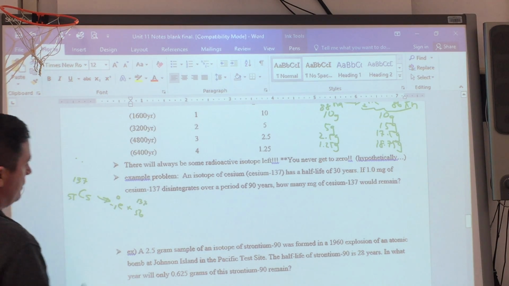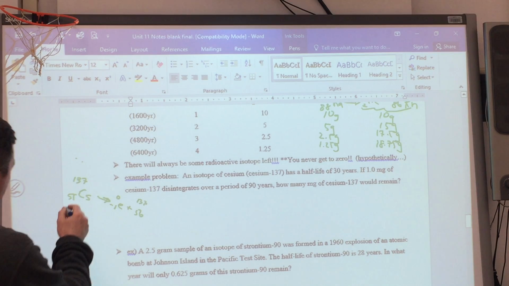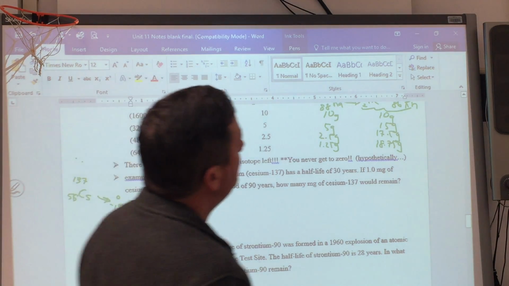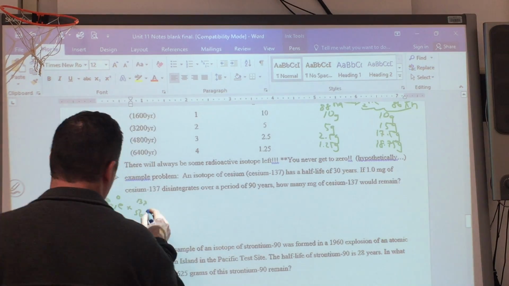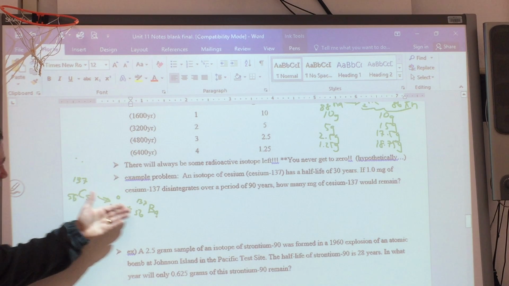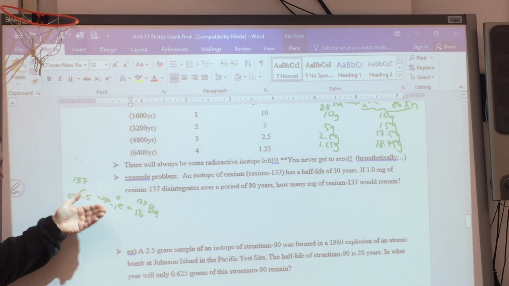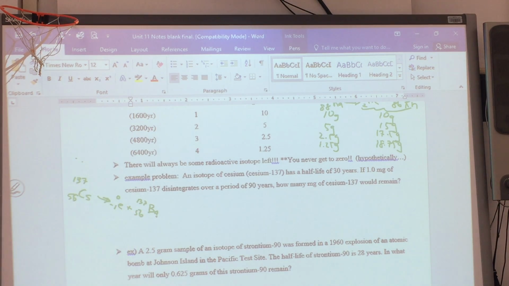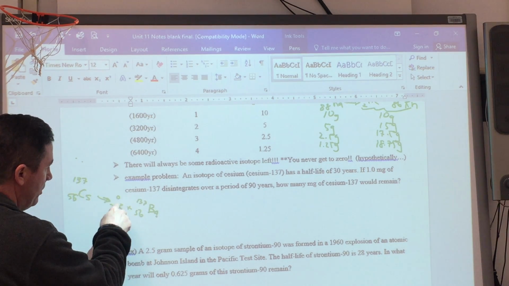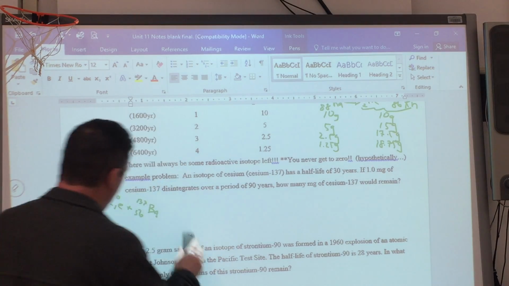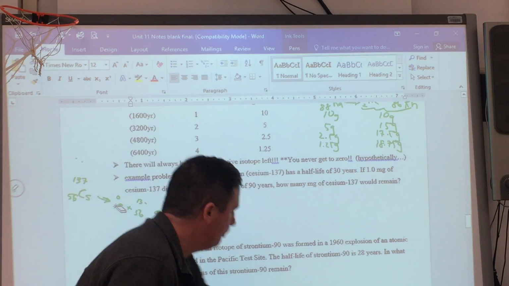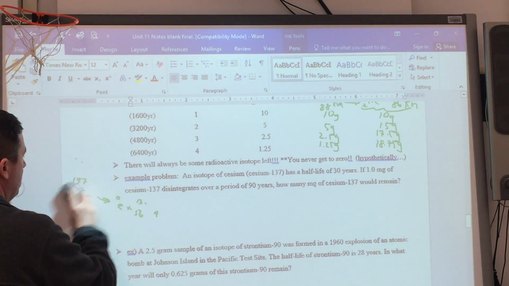So what's 56? That's a 5, by the way, sorry. What's 56? 56 is barium. So barium is the end product of cesium beta emission. When this starts to break down, it gets converted into barium and then some beta. So just showing you that. All right, let's look at the problem now.